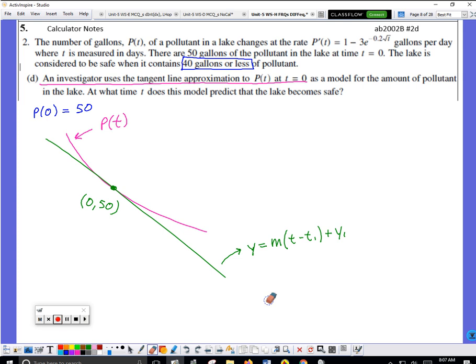This one here. The mix-up is between what is meant by the equation of a line tangent versus the slope of the line tangent. So P prime represents the slope of a line tangent to P at any point. So I can use this to find the slope of P here, or the slope of P here, or the slope of P here. This equation is different. This is how I would find any point on the green.